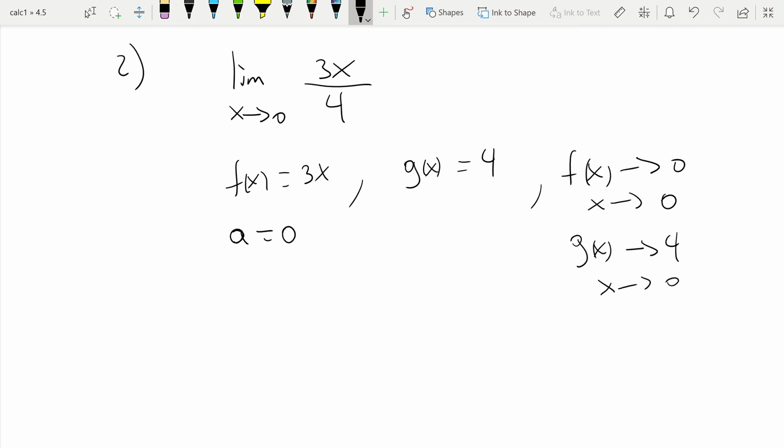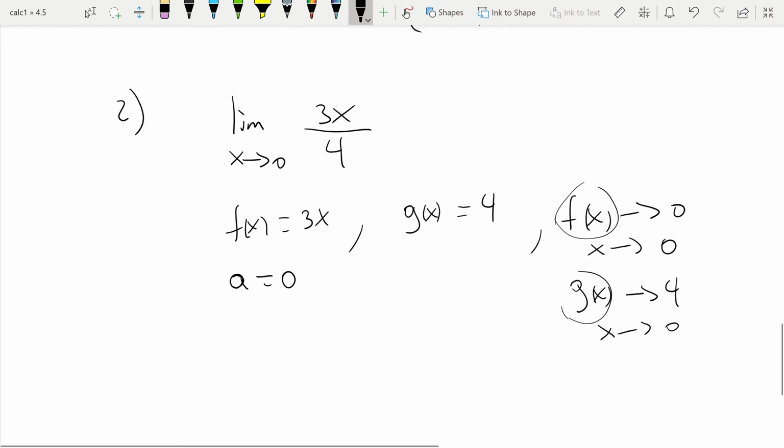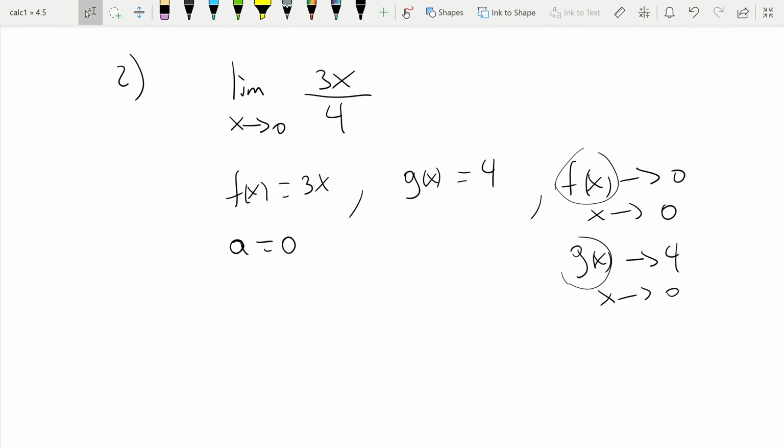So you can only apply L'Hopital's rule if both the denominator and numerator tend to 0 at the same time as you approach a point, or they both approach plus or minus infinity. This is not one of those situations. The numerator is approaching 0 and the denominator is approaching 4. Why did I use this example?